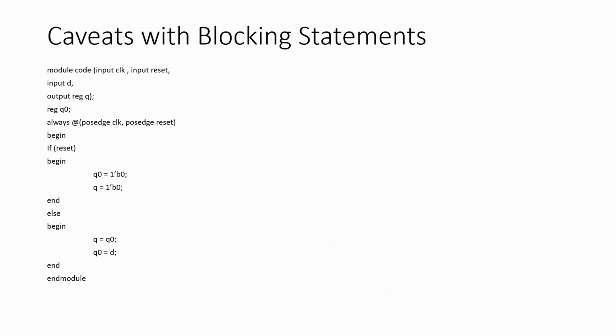So what are the caveats with blocking statements? Let us take a simple code here. These are very, very beautiful mistakes people make. We should be very careful. Here I'm trying to create a shift register. My aim is to create 2 flops.